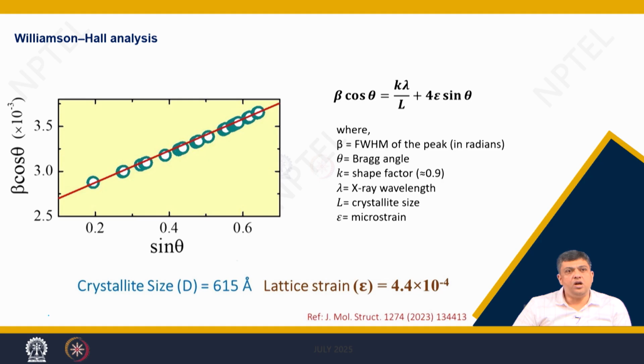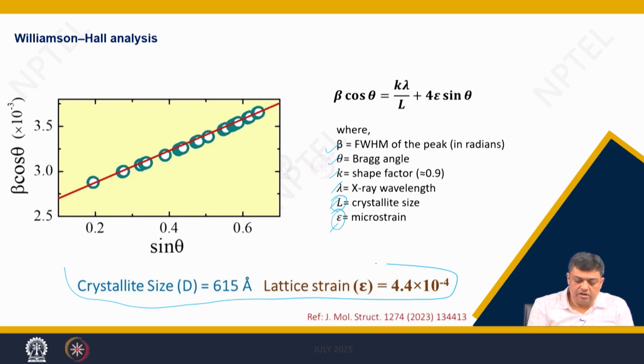You plot beta cos theta versus sin theta, you get a distribution of points, then you have a linear fit, and then you can determine L and epsilon. So, in this case the crystallite size is approximately 61.5 nanometers and lattice strain is approximately 4.5 into 10 raised to power minus 4.